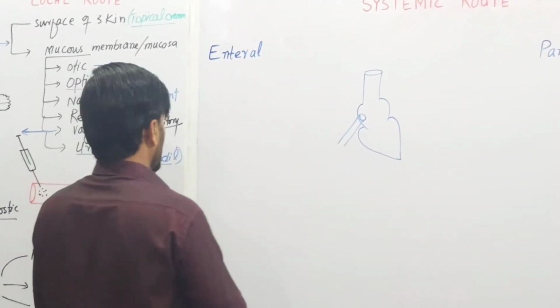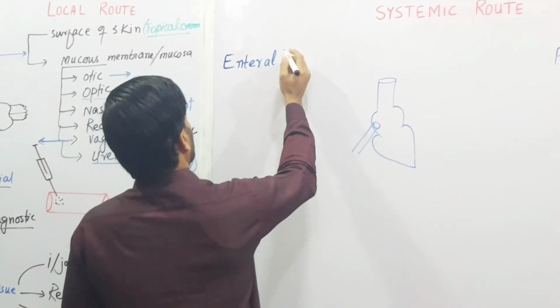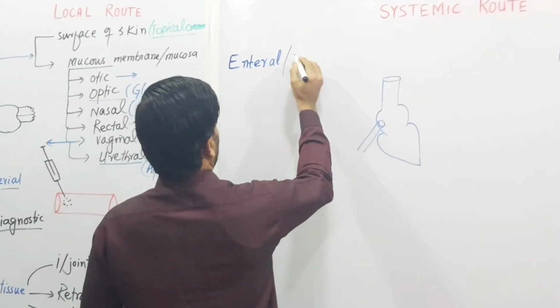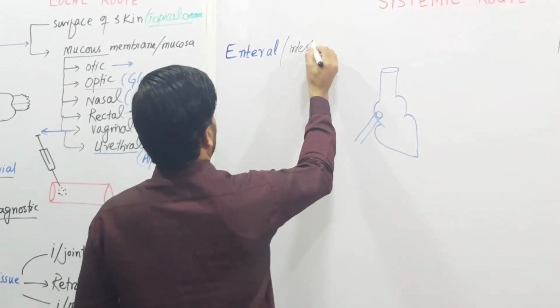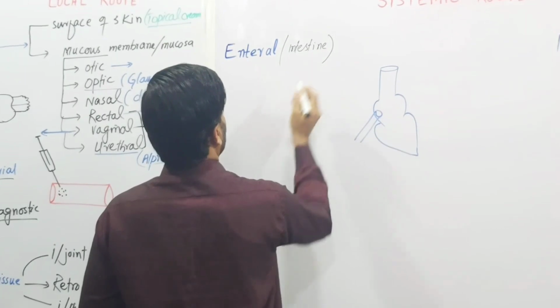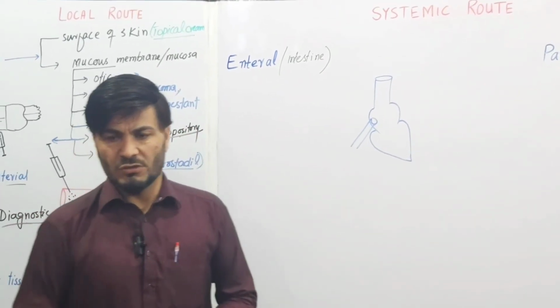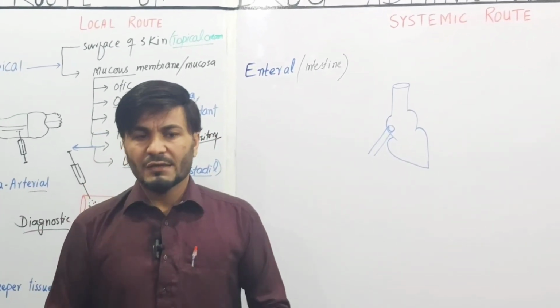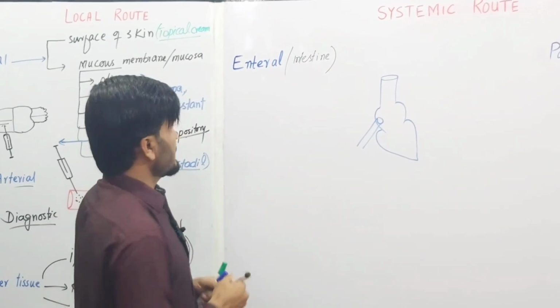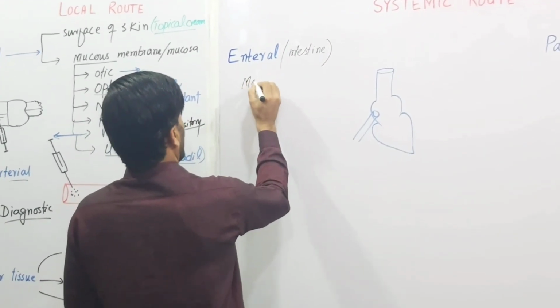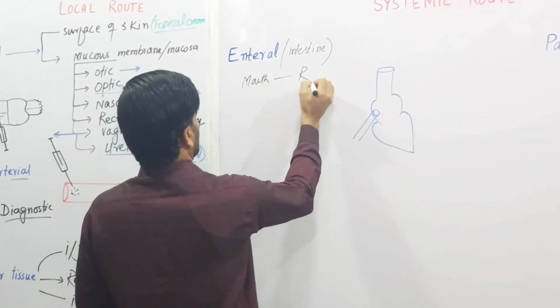The enteral route is derived from the word enteron, which means intestine. This describes when the drug is administered into the gastrointestinal tract, specifically from mouth to rectum.